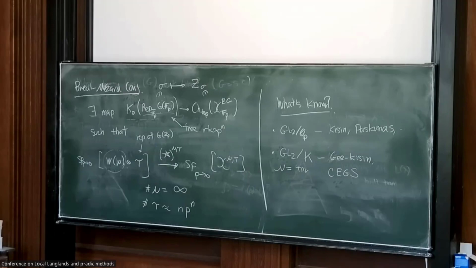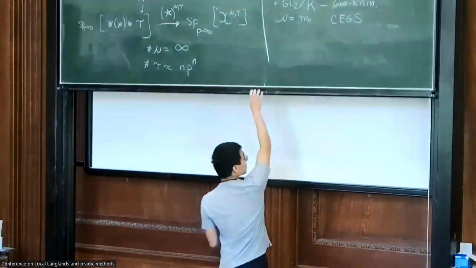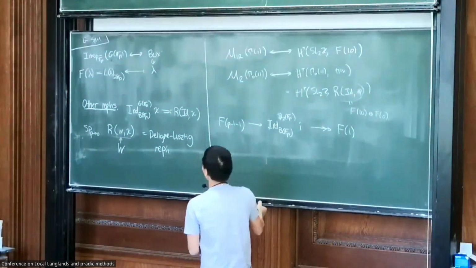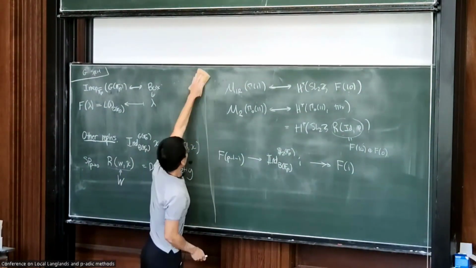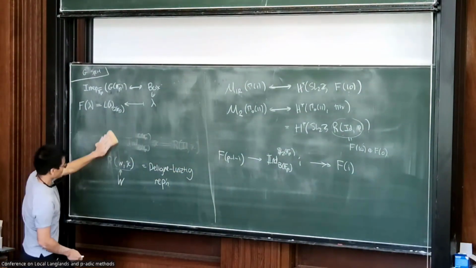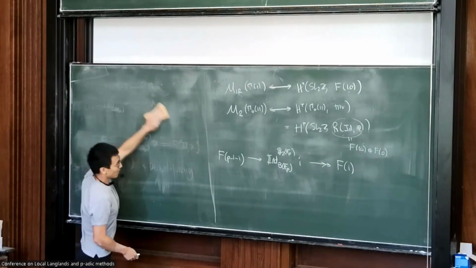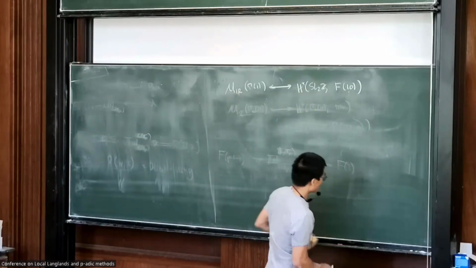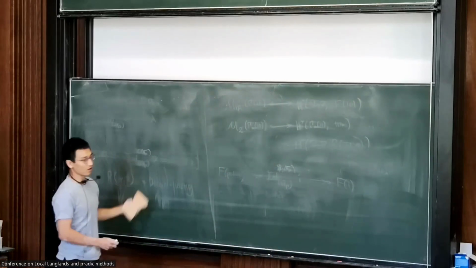So let's see. That highlights how impressive it is that the authors from the previous talk, who were all here in fact, Daniel Le, Bao Le Hung, Brandon Levin, and Stefano Morra, were able to prove strong results towards Breuil-Mézard in arbitrary dimensions.